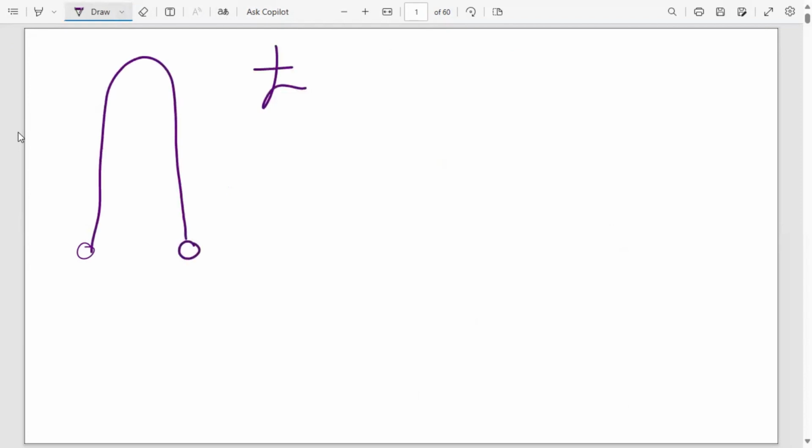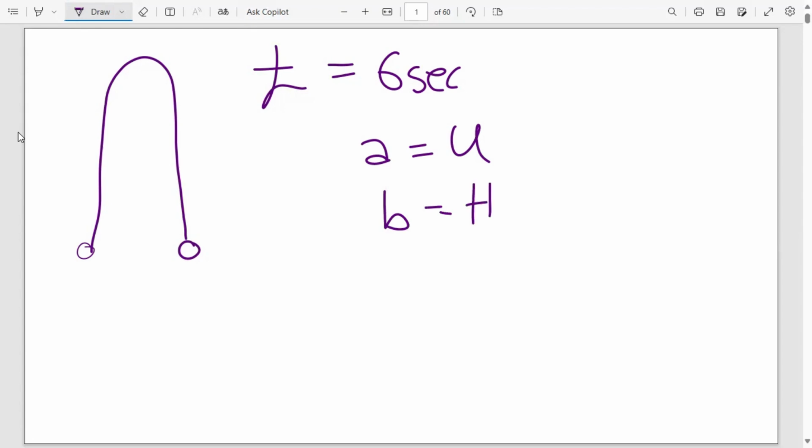So the question is A, we should find the initial velocity u, and B, we should find the maximum height reached H.